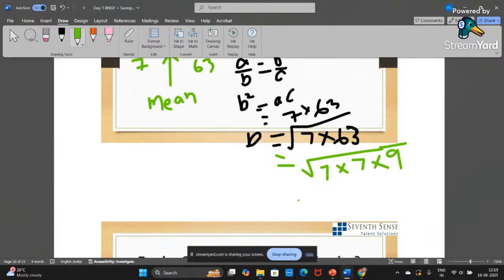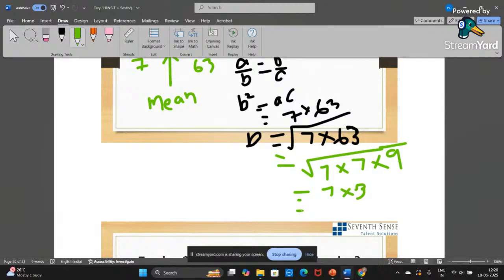So you can just write directly. Root 49 is 7, right? And root 9 is 3.